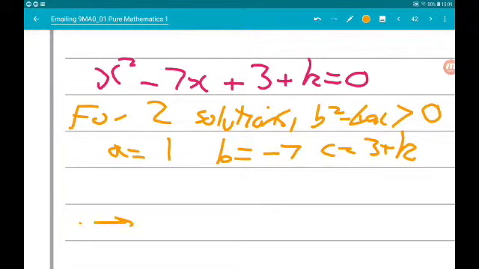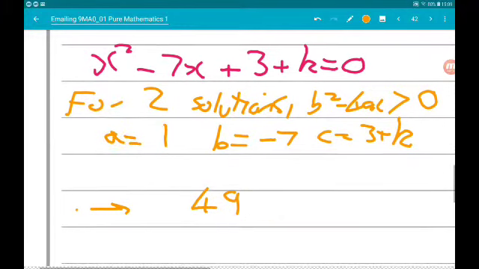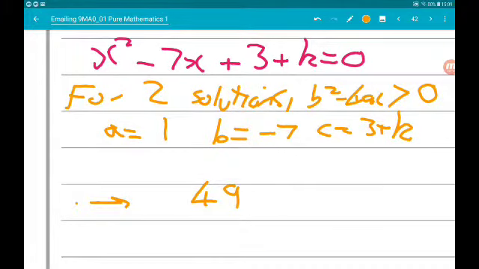So, minus 7 squared is 49. So we get 49 minus 4 times 1 times (3 add k). So that's going to give us minus 12 minus 4k is greater than 0.